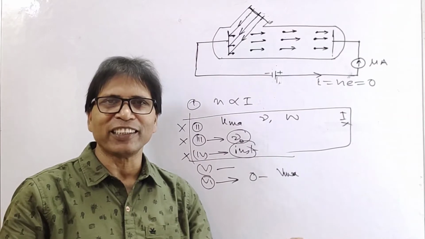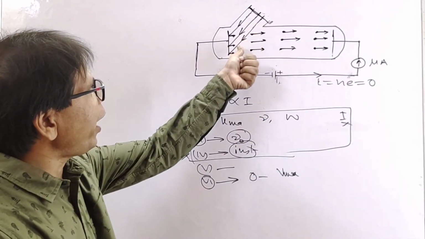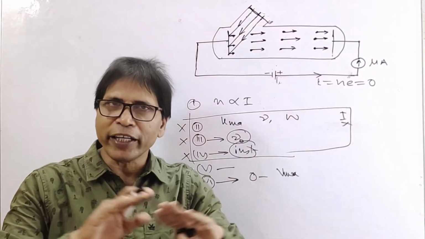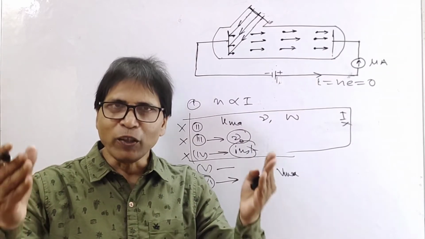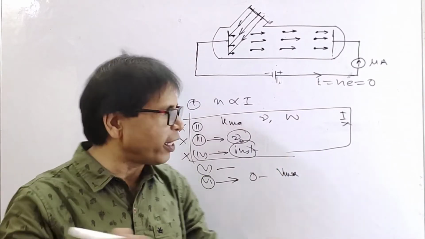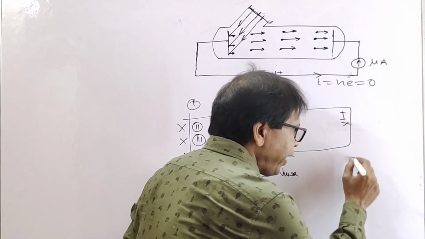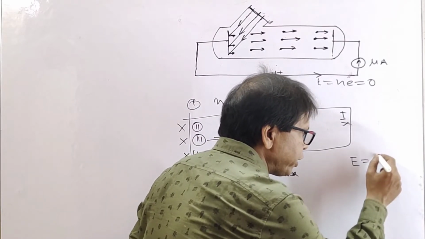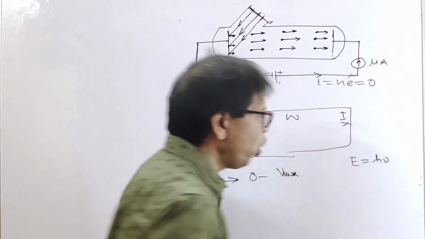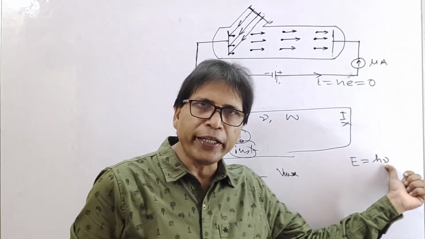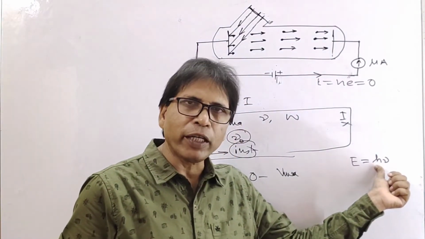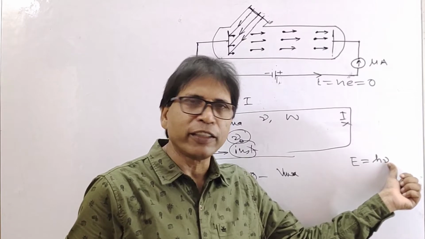Now quantum physics. The emission and absorption of radiation is not a continuous process. It occurs in discrete quanta or packets. The energy in each packet is equal to h nu, where nu is the frequency of radiation and h is Planck's constant.